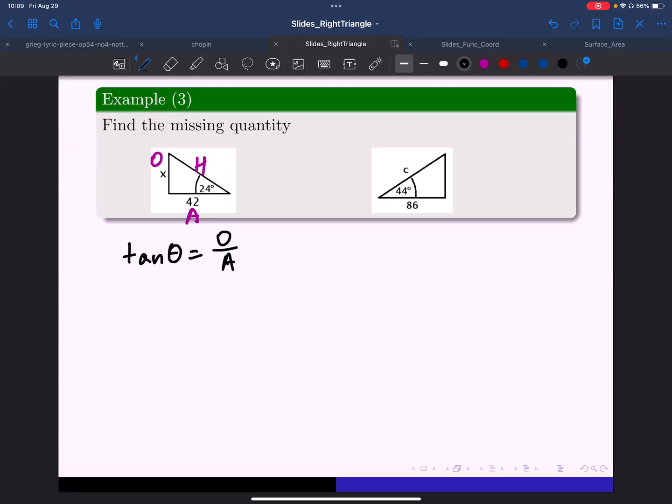Now we substitute what we have. Tangent 24 is equal to x over 42.